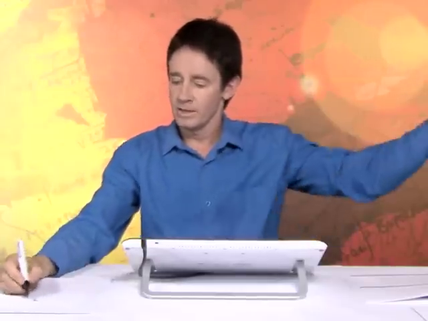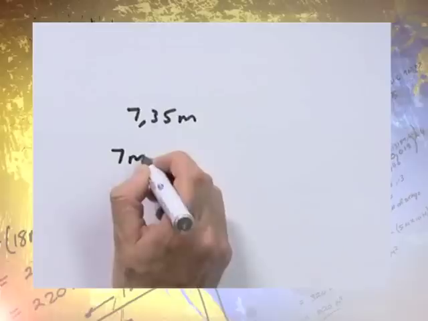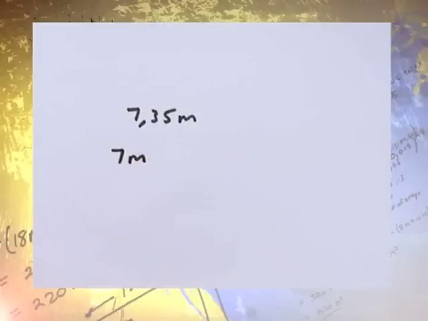Let's go to a sheet of paper. 7,35 meters. Now, if you round to the nearest whole number, because that's a 3, that's going to make it 7 meters. But hang on, guys. If you go to 7, you're going to be short of material, and that will look really terrible on the tables.